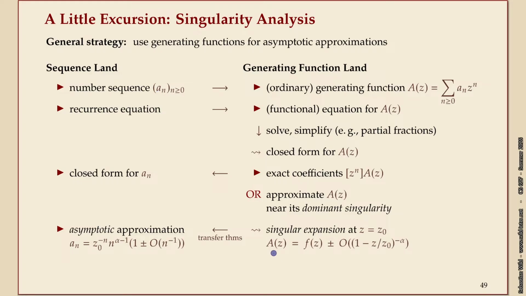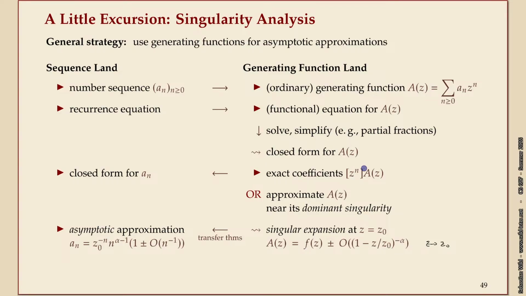So what you do is you approximate your generating function by a simpler function plus an error term, which is a big O term, but of a slightly funky shape. So this is for the limit that z goes to z0, not the more computer science usual n goes to infinity. And then from this shape, there are theorems like the one on the next slide that show you what happens if you take coefficients.